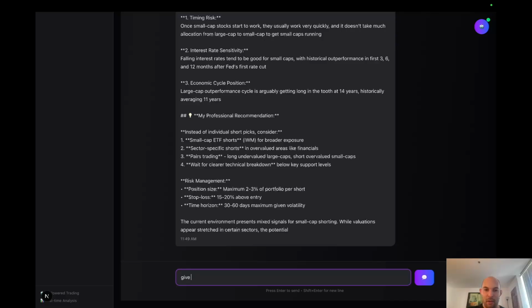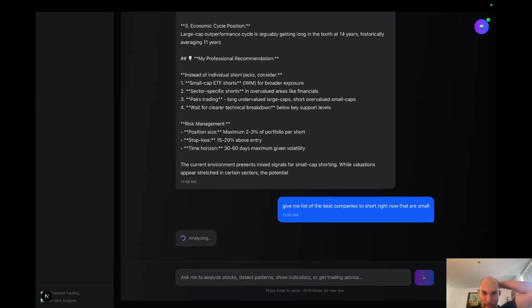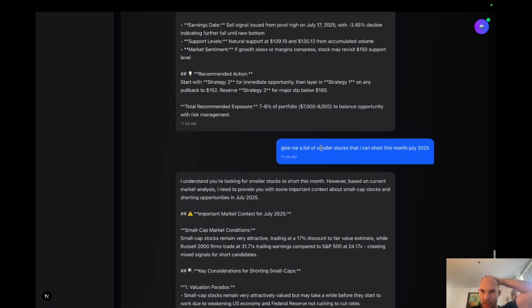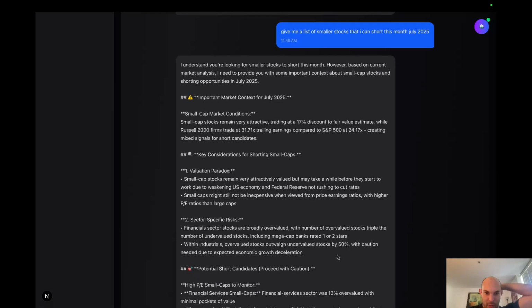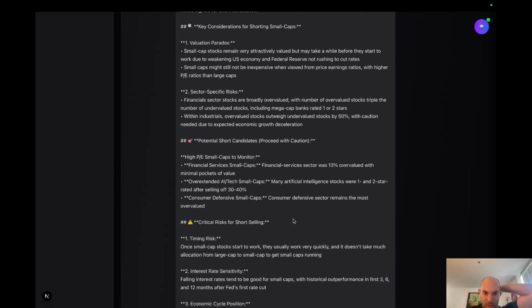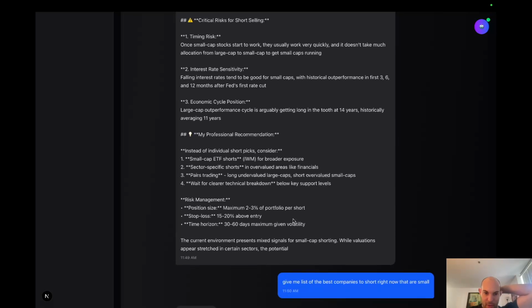Give me a list of the best companies to short right now that are small. Didn't I say that? Smaller stocks, small market cap conditions. I don't know.